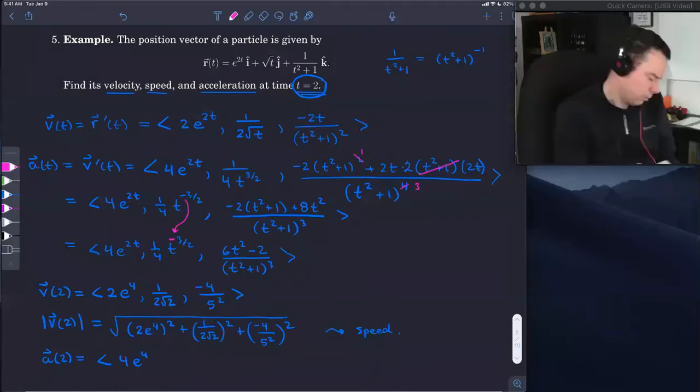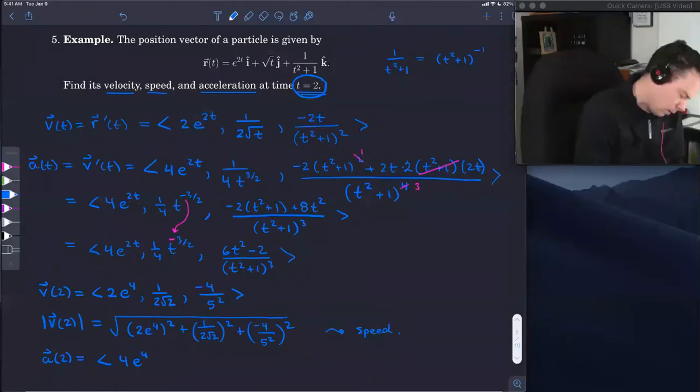Thank you. And then this is 4. Okay, so now that's 1/4, 2 to the negative 3/2. And then we've got a 6 times 2 squared minus 2 all over 2 squared plus 1 cubed.